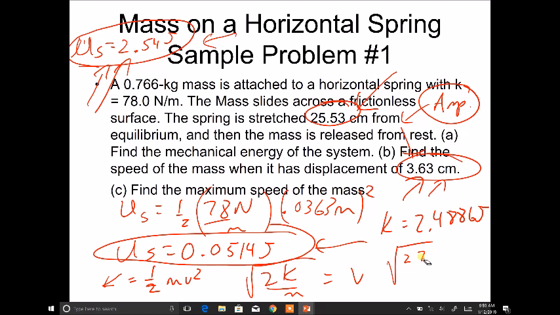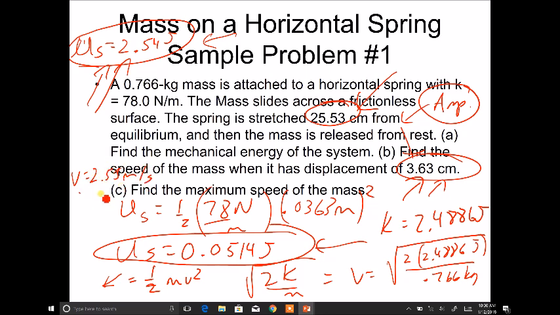K here is not the spring constant. This K we're talking about is the kinetic energy. So it's going to be 2.4886 joules all over the mass. The mass of our object was 0.766 kilograms. So let's do the calculation. All right, once we complete the math there, we end up with a velocity of 2.55.